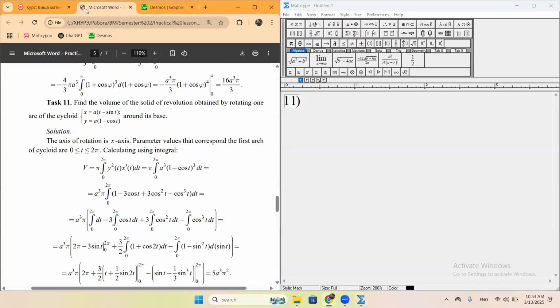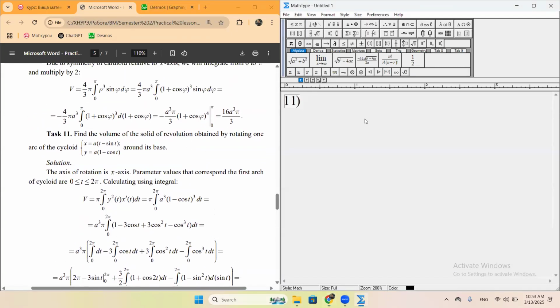So what do we have to do? The formula is a little bit similar to the explicit function, but of course we also multiply by p, and here we have y squared of t multiplied by x prime of t dt.